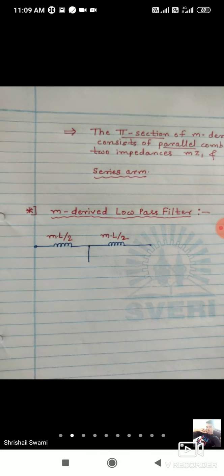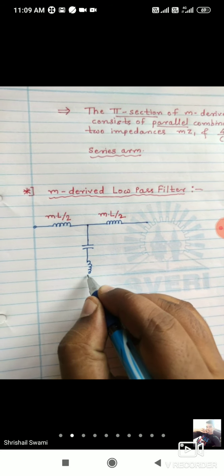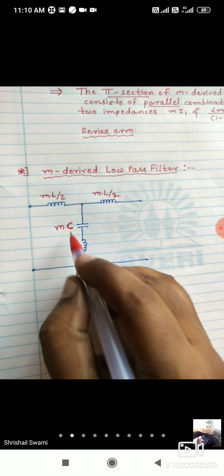In the derivation we just saw for the T section, here in the m-derived low pass filter the parallel or shunt arm consists of both a capacitor as well as an inductor. So here it will be replaced by m into C, that is Z2 by m.